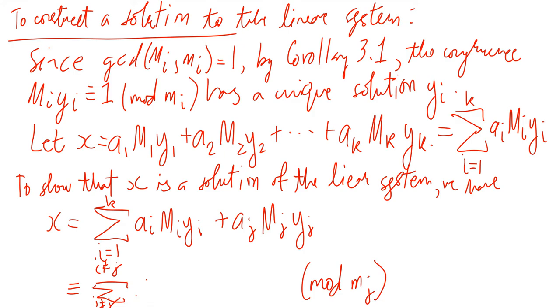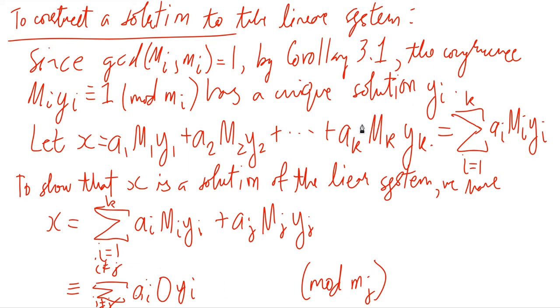Where was I? So a sub I is there, but m sub I is 0 based on our previous slide, and we have y sub I over here. It doesn't really matter what a sub I and y sub I are since they have a factor of 0. So by the zero property of multiplication, that becomes 0.